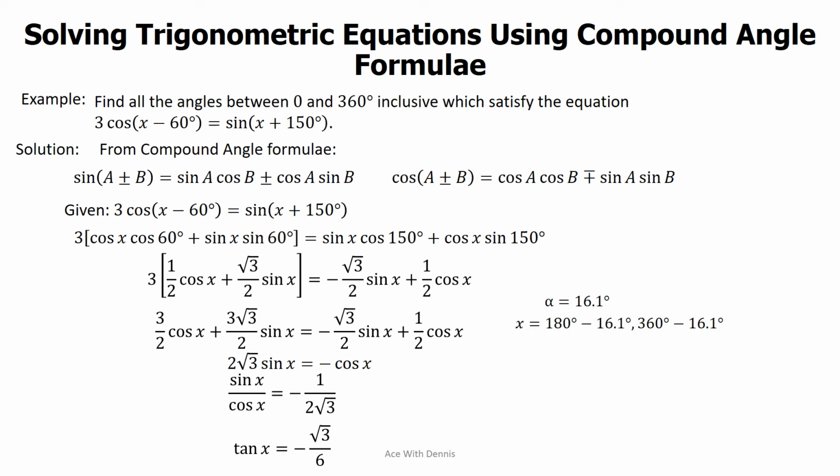Tangent is negative, therefore it is in the second and the fourth quadrant. So the x will be equals 180 degrees minus 16.1 degrees and 360 degrees minus 16.1 degrees. And we get the answer is 163.9 degrees and 343.9 degrees. Okay, so the answer is 1 decimal place.